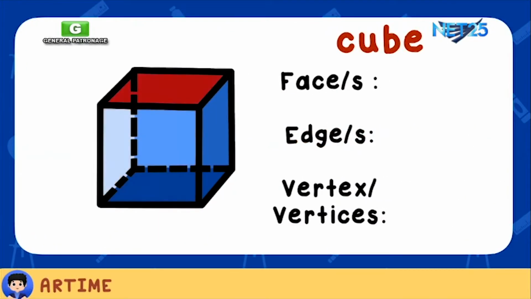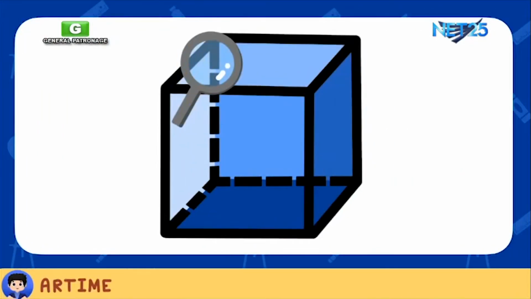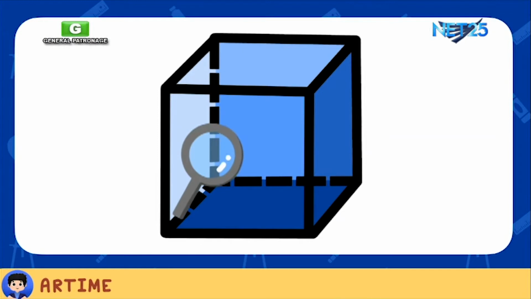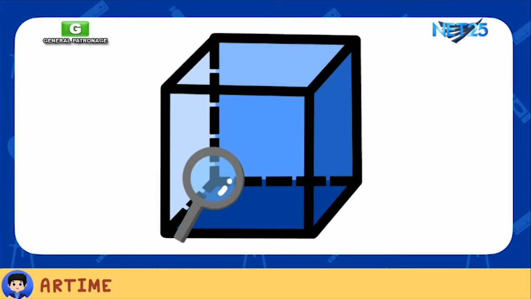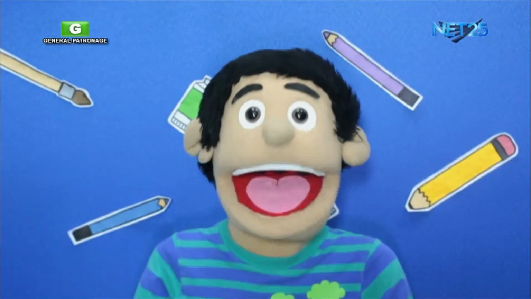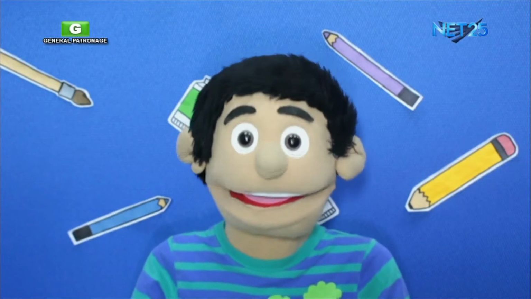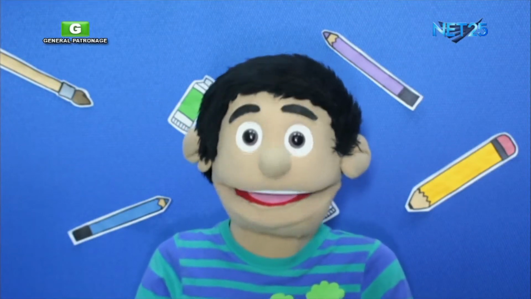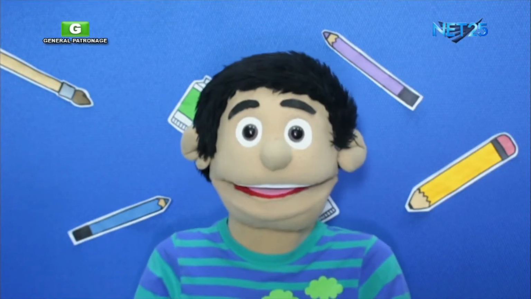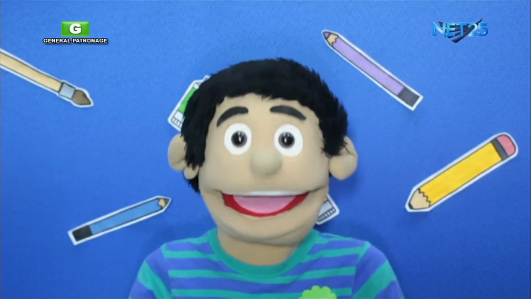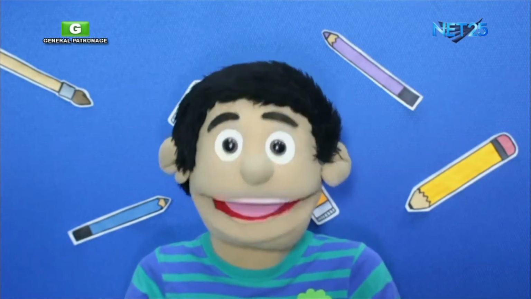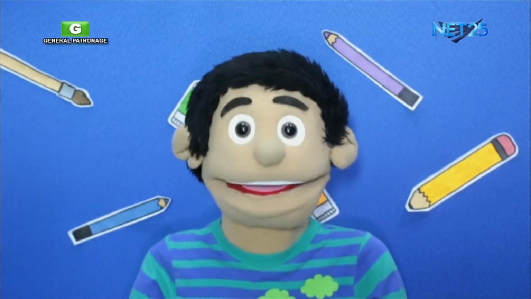1, 2, 3. Wait, if we look carefully at the cube, we can see 3 broken lines. These lines show the hidden squares on the other side and under the figure. We already counted 3 and there are 3 more that we can't see.